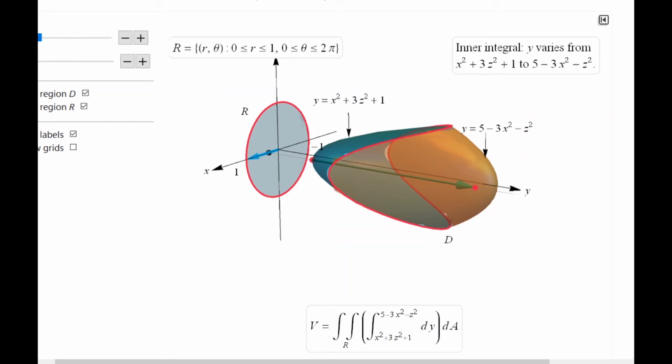Also notice that in order to find R, we have to look at where these two surfaces, the turquoise and the orange surfaces, intersect. And so we should get an intersection that would relate x and z in the xz plane.